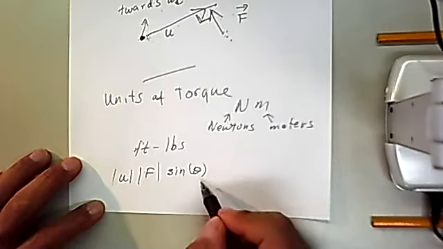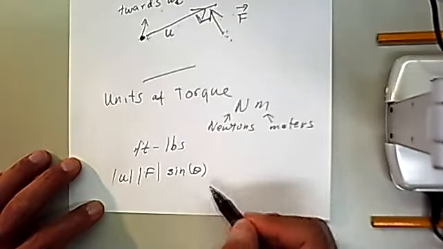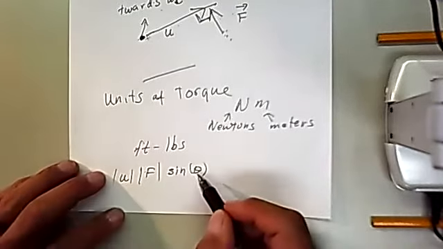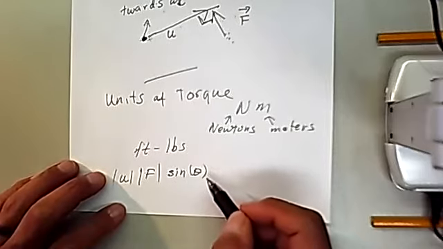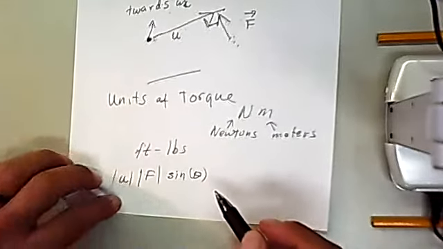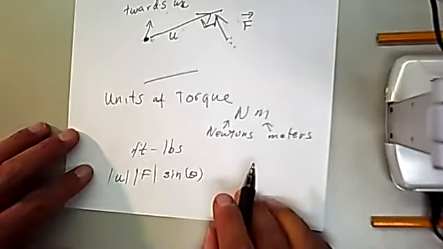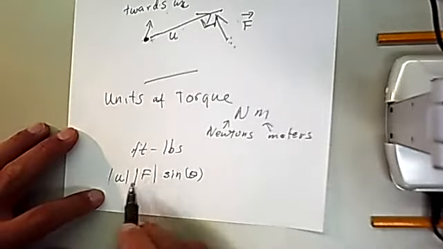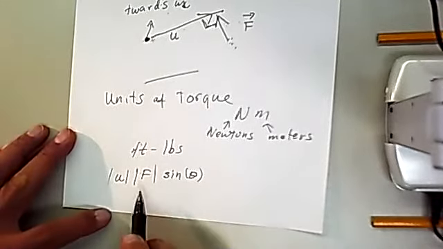We end up with 1 if the angle is 90 degrees. Of course, the sine of 90 degrees is 1, but if the angle is off, then figure out the sine of that angle, and that's going to give you the correct proportion of the force that is used.